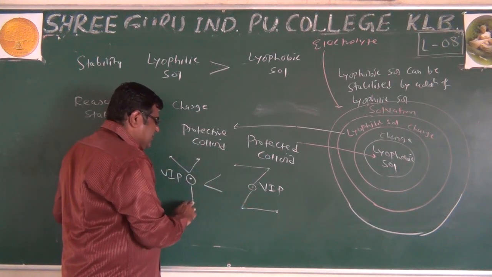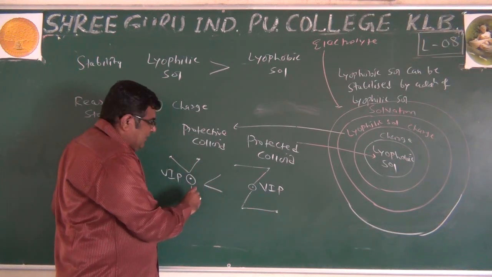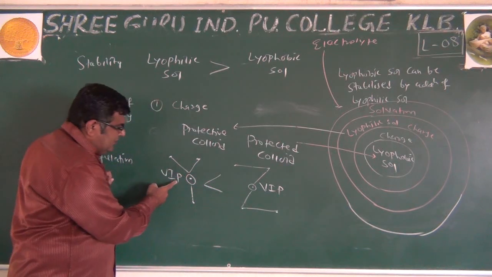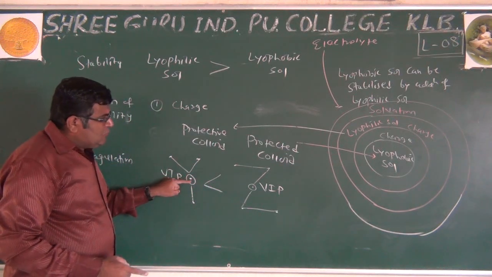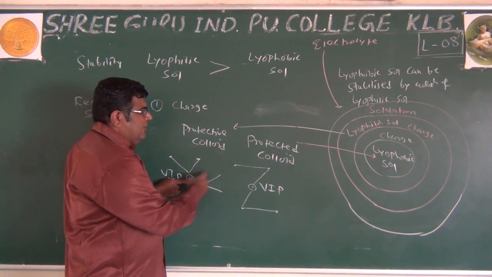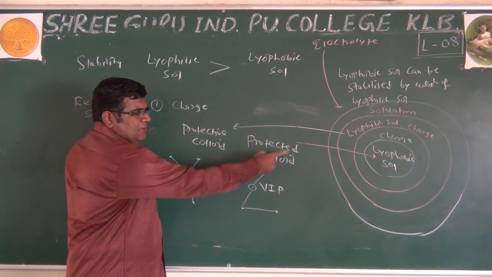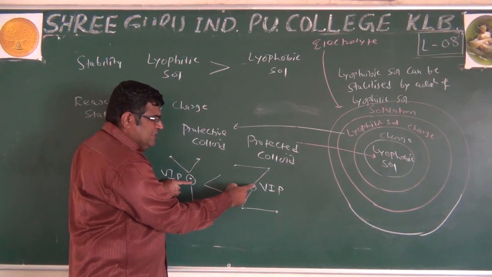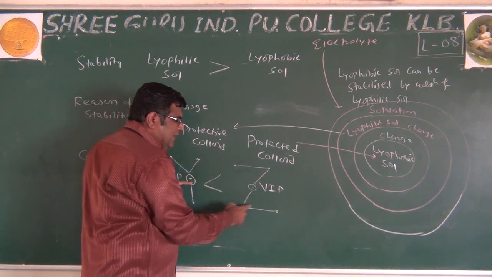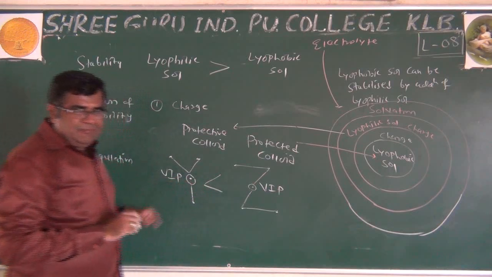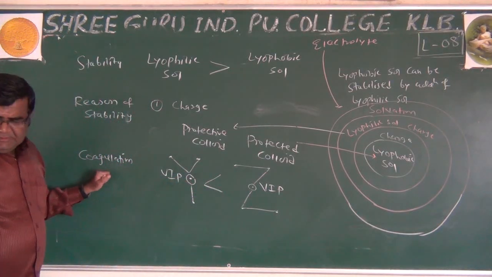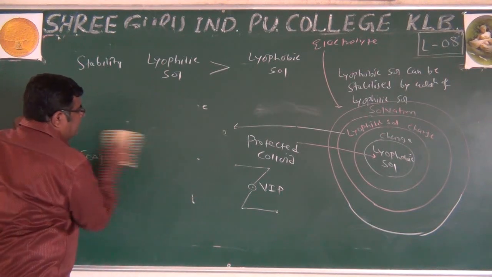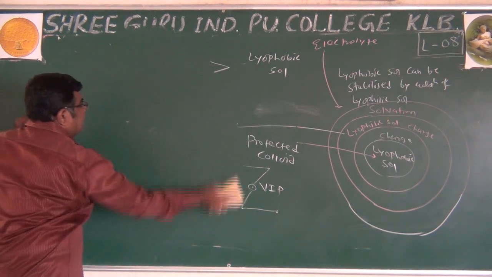It is just like in this case, which is to be protected is called lyophobic colloid, and this is lyophilic colloid. It is being protected by that. So this is the protective action of the lyophilic sol, which is there in our syllabus.